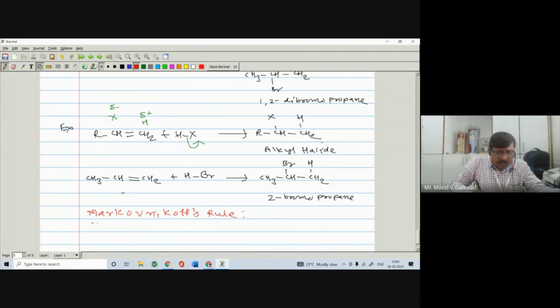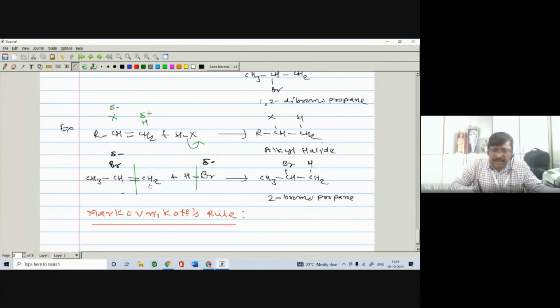It tells us that when an unsymmetrical alkene reacts with an unsymmetrical reagent, then the negative part of the reagent will attack on that doubly bonded carbon atom which has the lesser number of hydrogen atoms. In this case, this carbon has only one hydrogen and this carbon has two hydrogens. So the negative part will attack on the carbon having the lesser number of hydrogen atoms, and the positive part, H positive, will attack the other carbon. Such a product follows the Markovnikov addition rule.